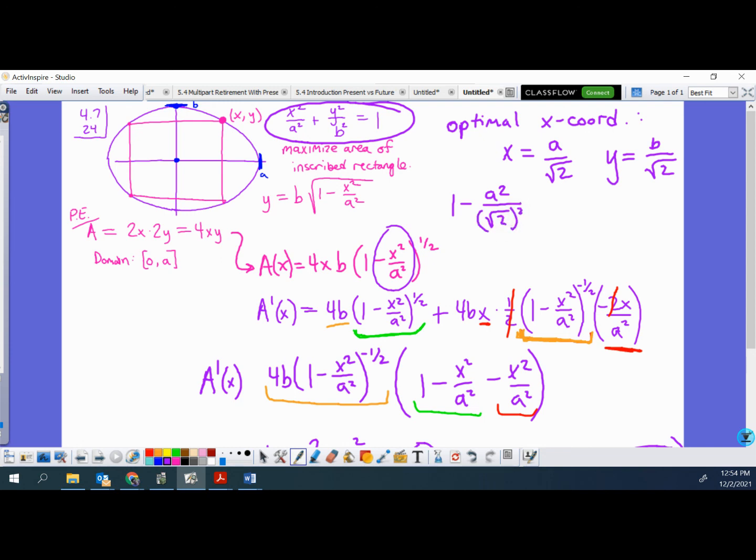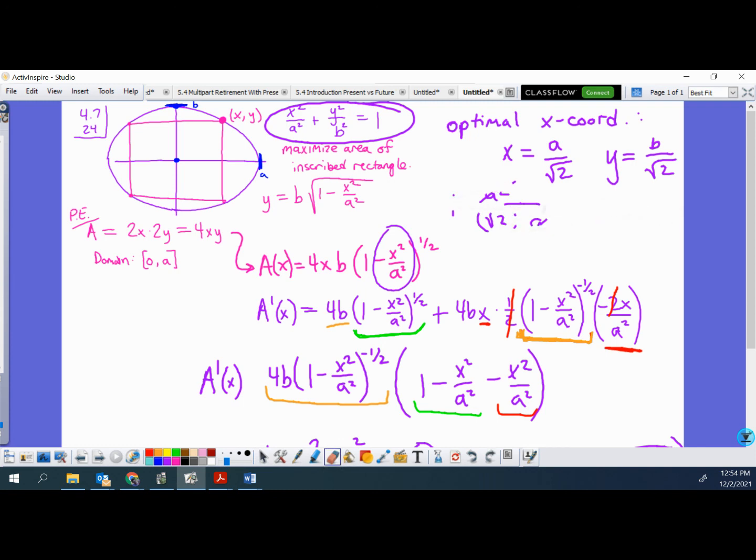And then there's already an a squared on the bottom there. Here, let me get rid of that arrow. And so those reduce out. And sure enough, that's 1 minus 1/2, which is 1/2. And that's all what's inside that radical. So yes, y is going to be b over square root of 2. And you can show that. But just thought I'd point out my prediction there and how you can kind of see it coming.